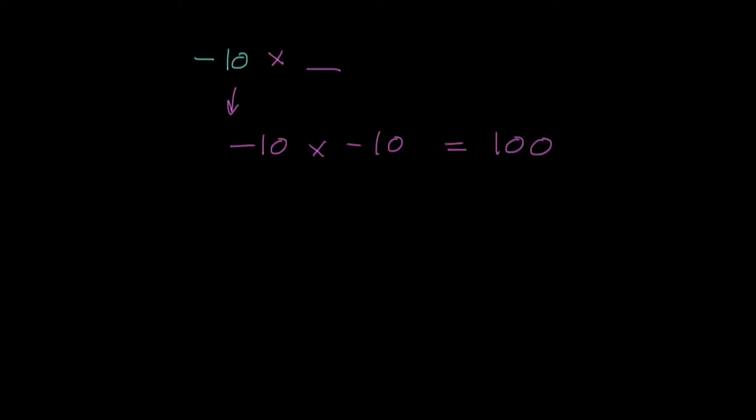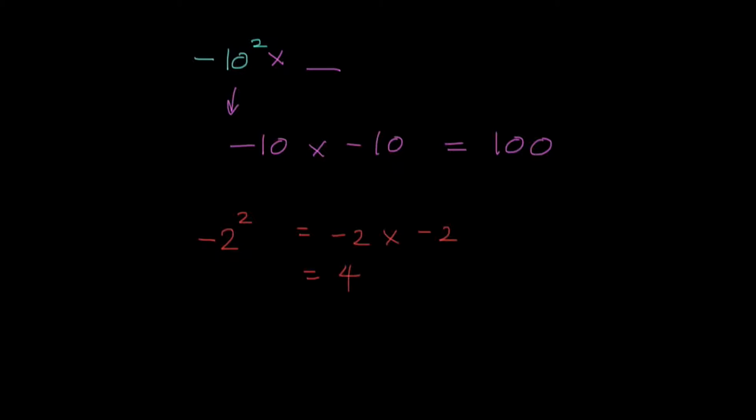Let's try it with another number, negative 2. So negative 2 squared is going to be negative 2 times negative 2, and that's going to give me positive 4. So I think you see the pattern.